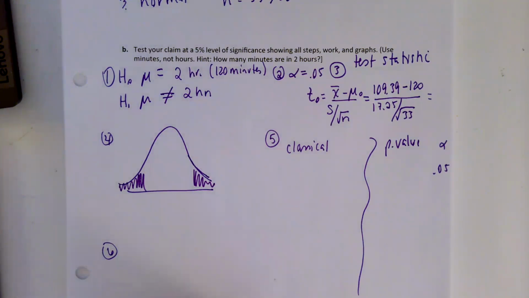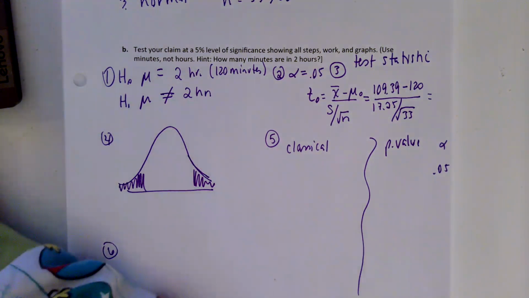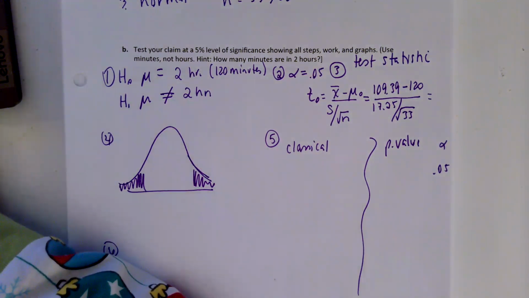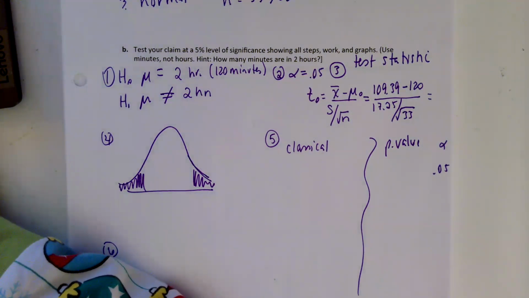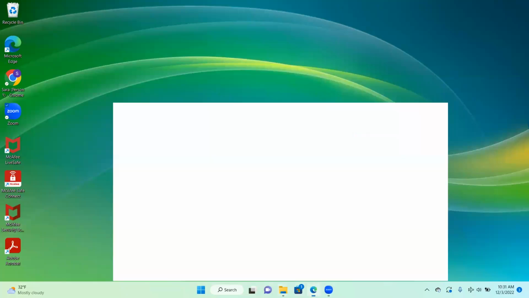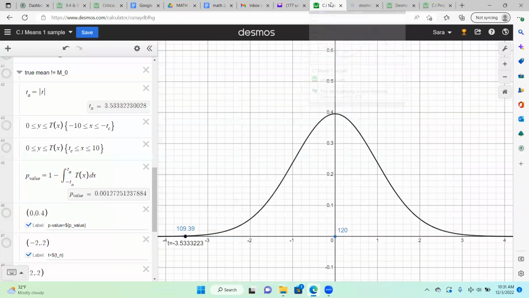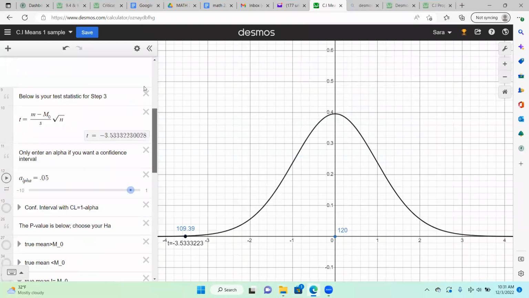And we're going to go to Desmos. And we're going to calculate our T0. So I'm going to share my screen here so we can go to Desmos. We're going to go to means. This is means.